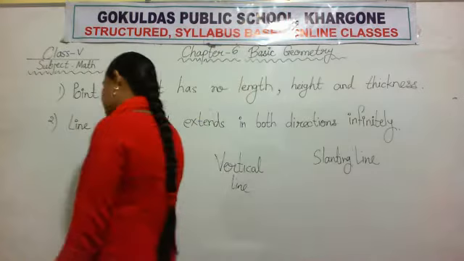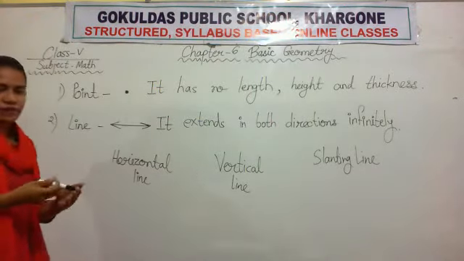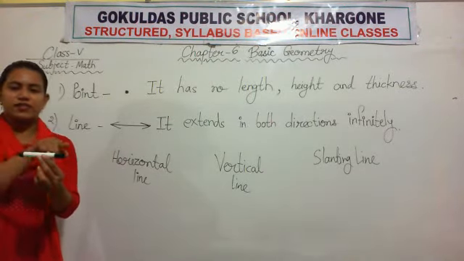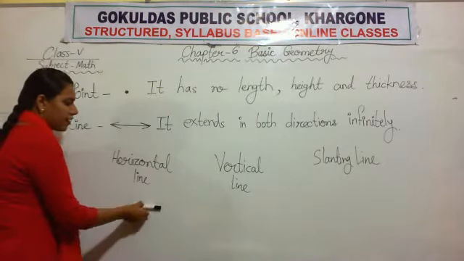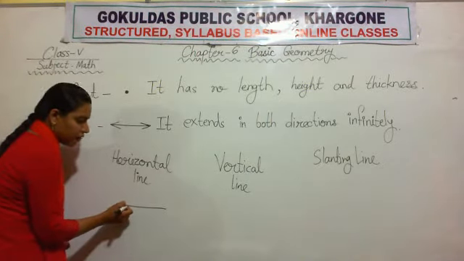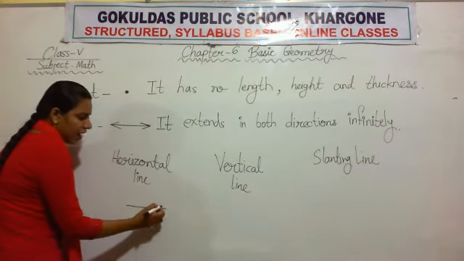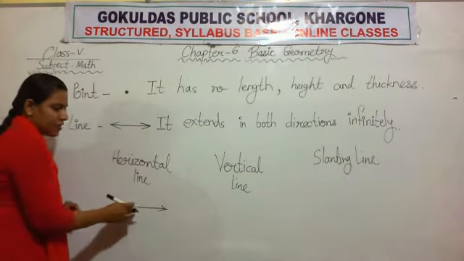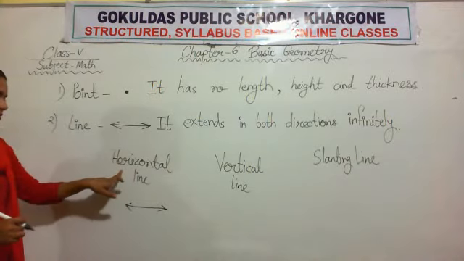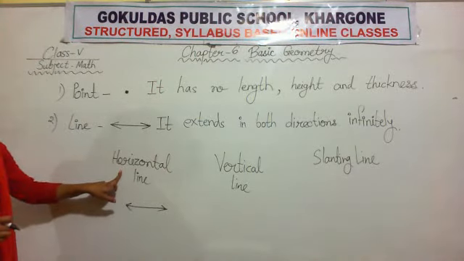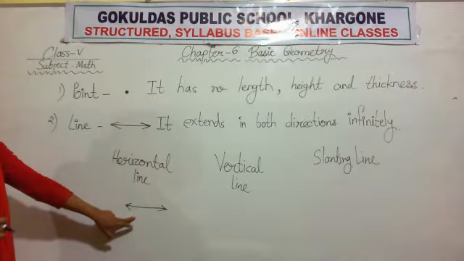Now what is a horizontal line? If I keep the marker in this sleeping position and draw a line like this, whenever you sleep, you lie down. So if the line is drawn in sleeping position, it is a horizontal line. We call it a horizontal line.